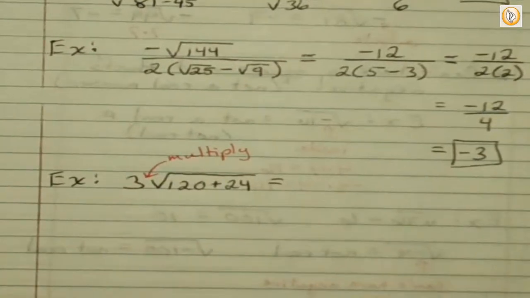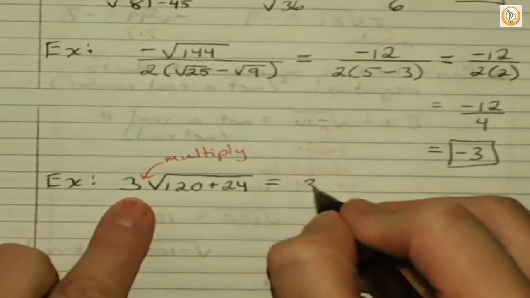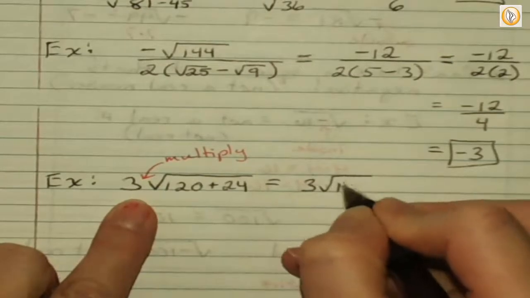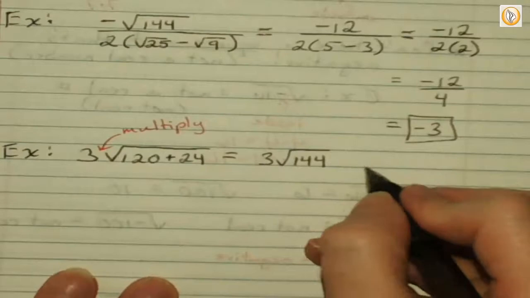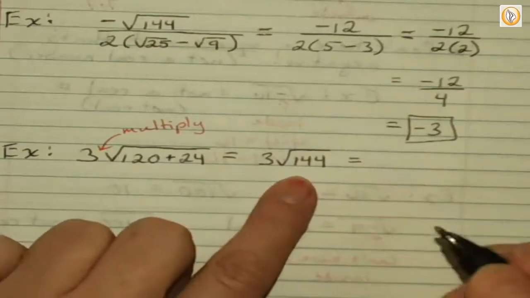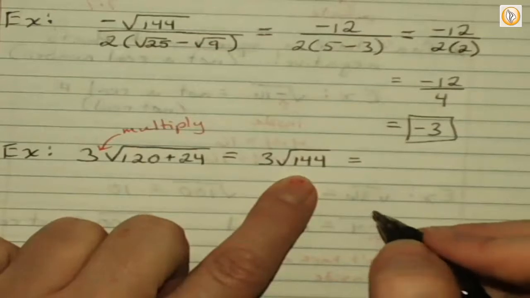So Izzy, what is 120 plus 24? So then I'm going to bring over my 3 in front of the square root of 144. So, Izzy, what is the square root of 144? That's right.